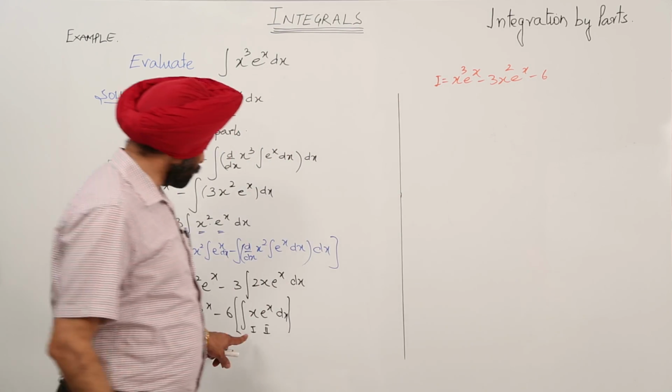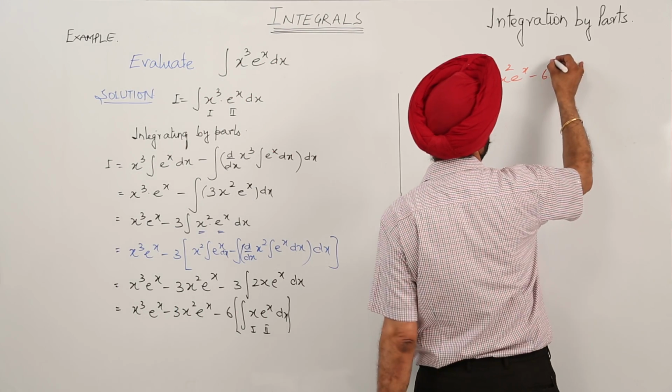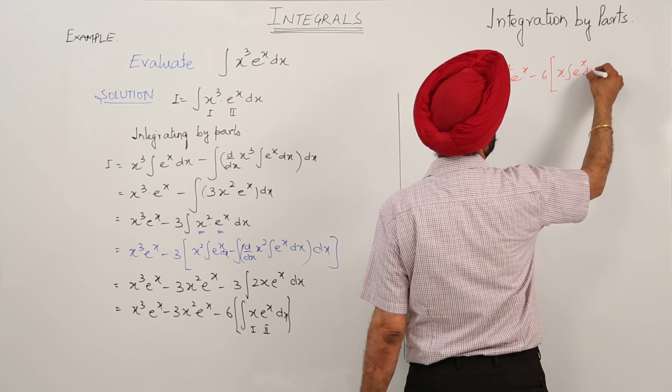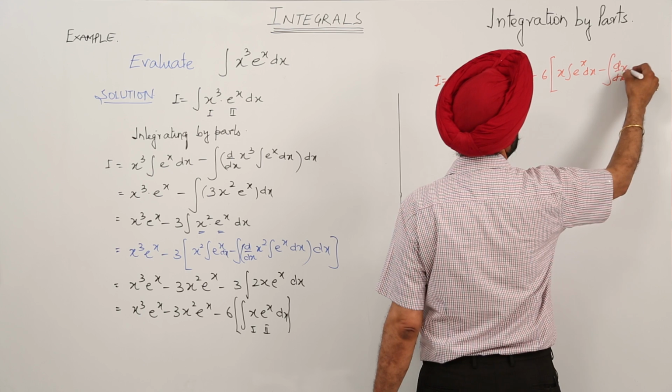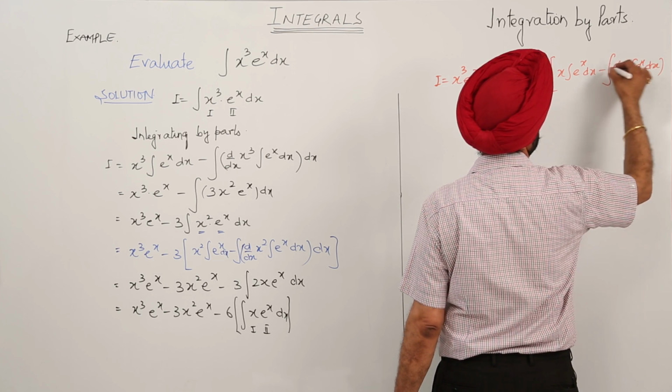Now 6 again this by parts. Now first function is x, integration of e raised to power x dx minus integration of d by dx of x with integration of e raised to power x dx.